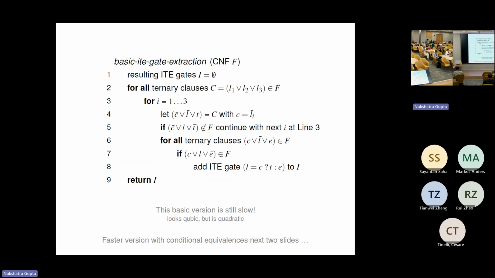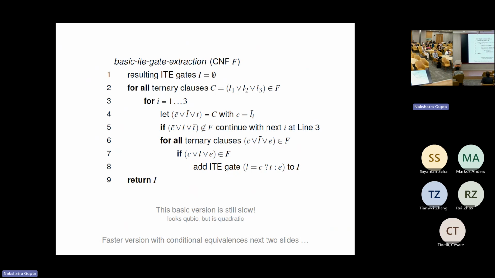This is also not described in the literature before, at least I haven't found any, but I implemented it a couple of times. So this is an if-then-else gate, like a max. This is where this max is on top with the 3 inputs. For extraction, you need to find 4 matching ternary clauses: you start with the base clause, and for this base clause you need to find 3 more matching ones, and then you add this gate.